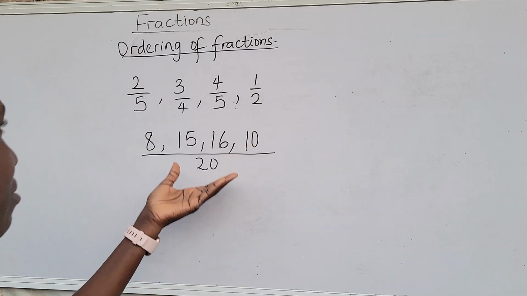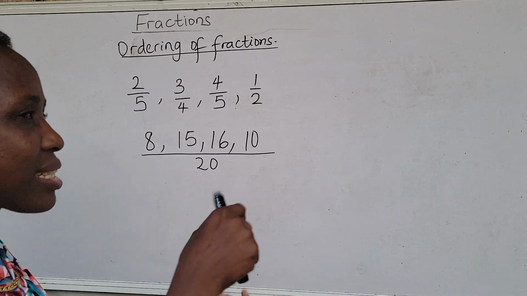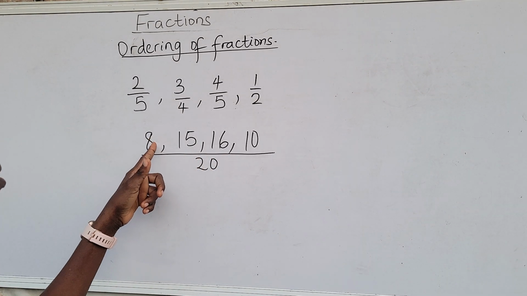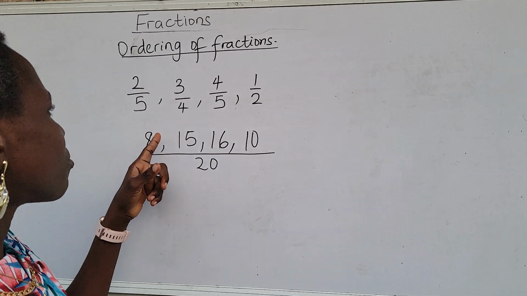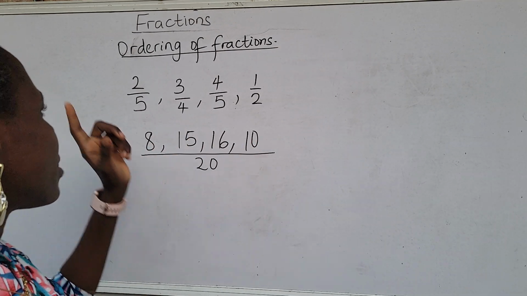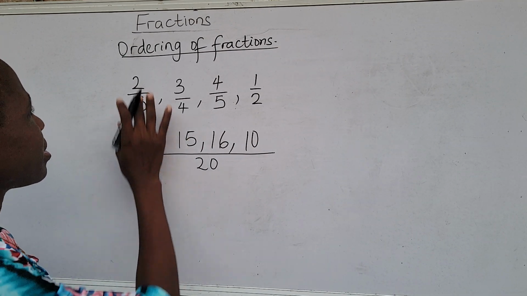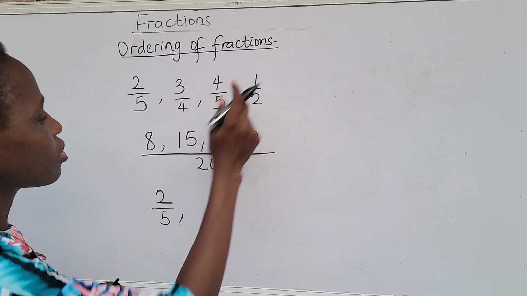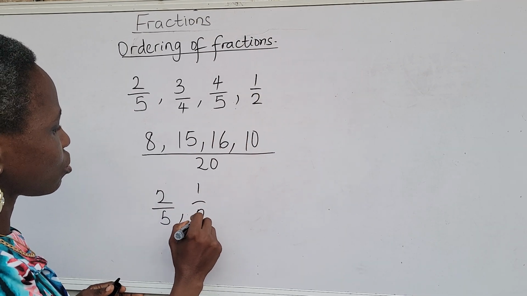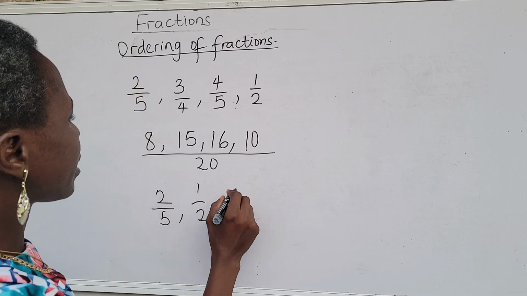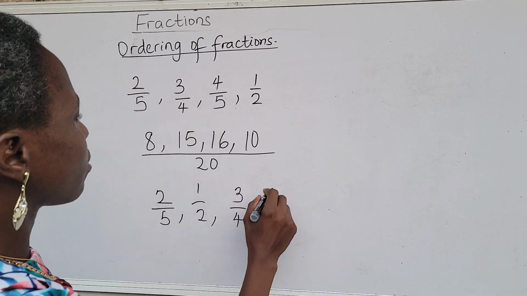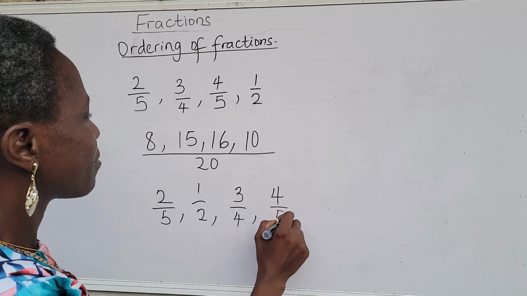Now we can arrange, starting from the smallest. We look at our final answers. We have this as the smallest, followed by this. So the fractions are going to be in this order: 2/5, followed by 1/2, followed by 3/4, then followed by 4/5.